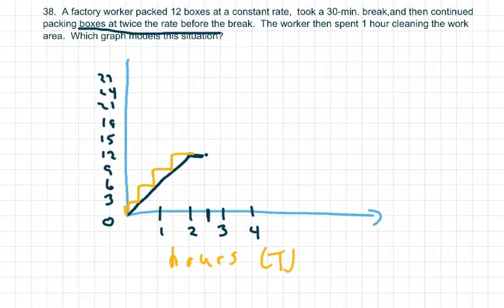So my slope here was 1. So from here, I'm going to go up 2 over 1. All right? At a constant rate. All right? Then he spent an hour cleaning the working area. So we're going up 1, going up to 2.